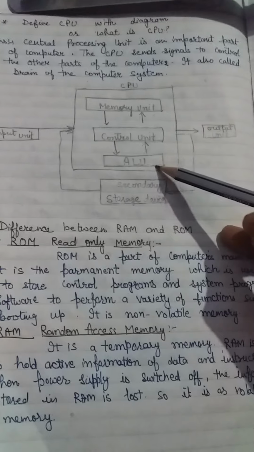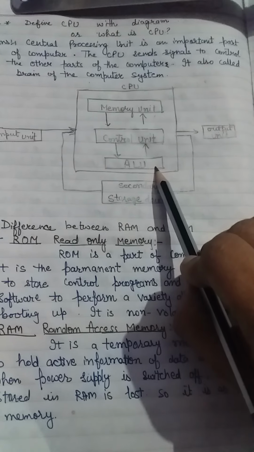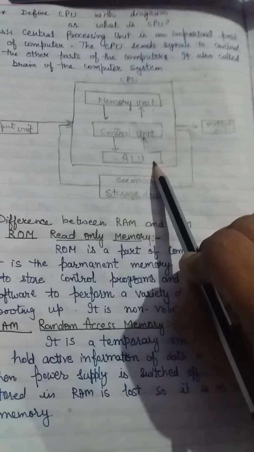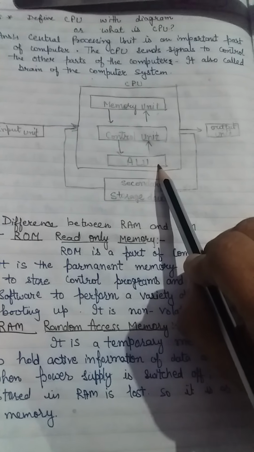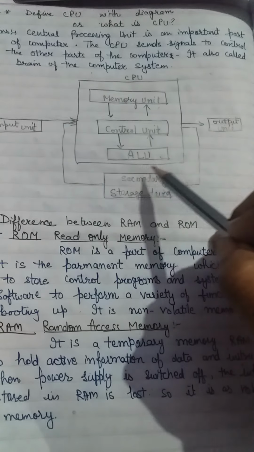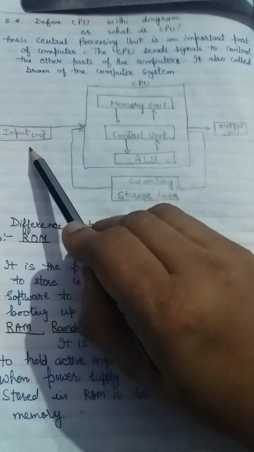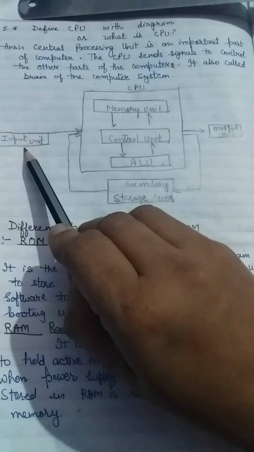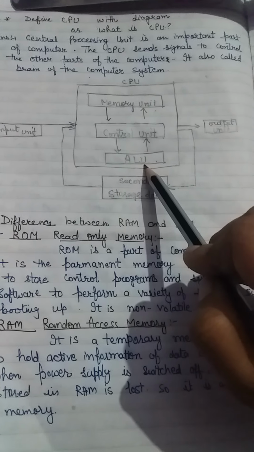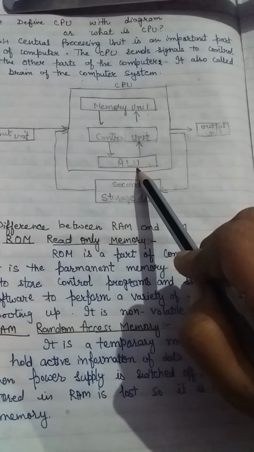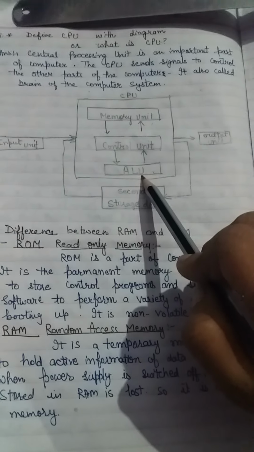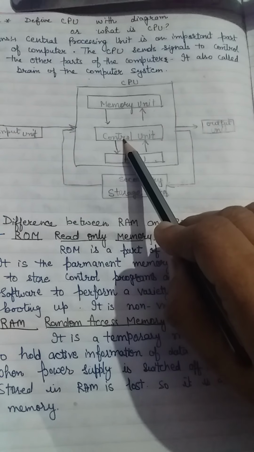Everyone should know the function of the ALU: all types of calculation and comparison are done in the ALU. If input comes from the input device into the CPU, it goes first to the ALU, and the ALU checks if it is a calculation, calculates it, and then passes the information to the CU.